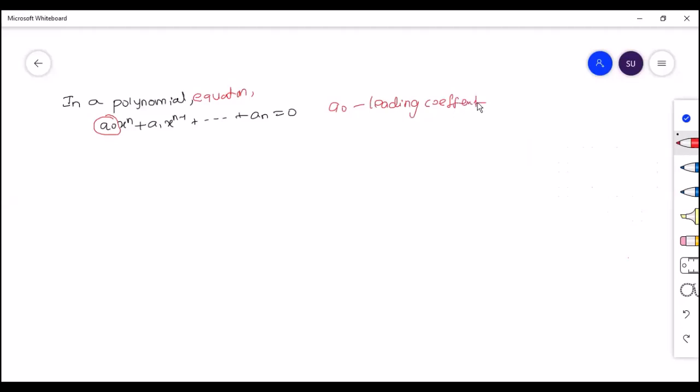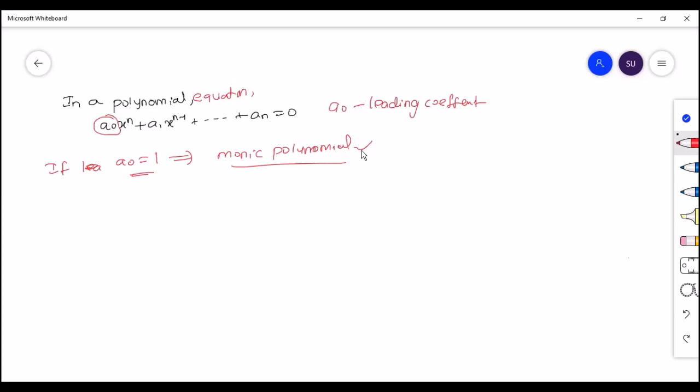If the leading coefficient a0 is equal to 1, that polynomial is called a monic polynomial, or monic polynomial equation.